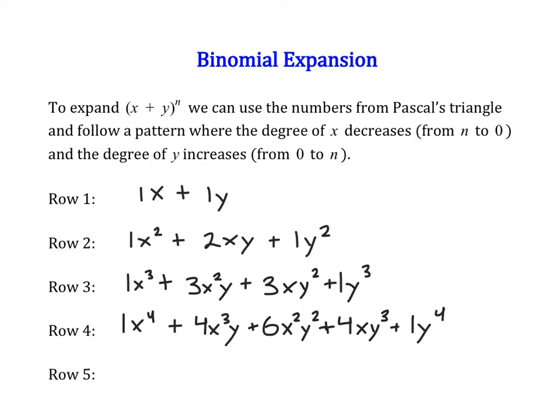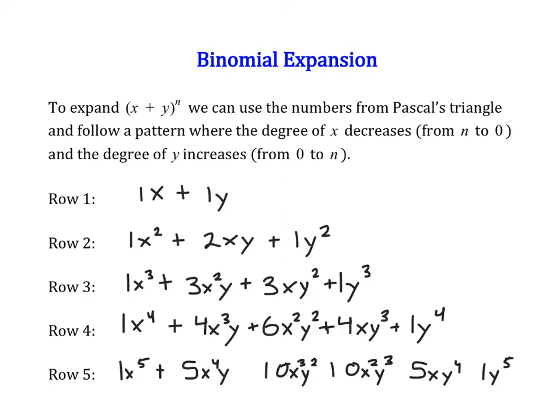And our last one, the coefficients from Pascal's triangle are 1, 5, 10, 10, 5, 1, and then we have x to the 5th, x to the 4th, x cubed, x squared, x, and then y to the 5th, y to the 4th, y cubed, y squared, y, and then we just put plus signs in between. So you have it.